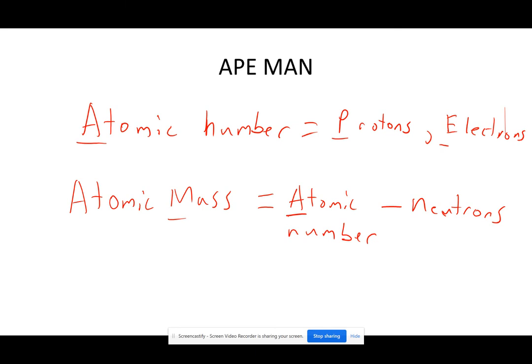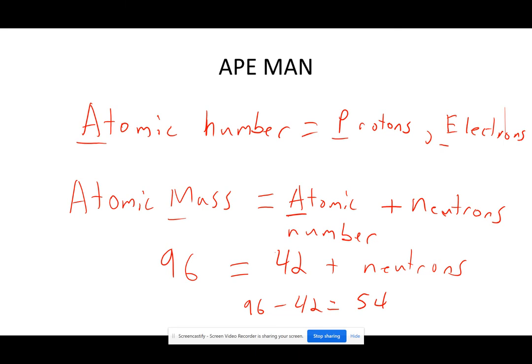So, for example, actually, no, this is the atomic number plus the number of neutrons. I'm sorry. The atomic mass is the atomic number plus the number of neutrons. And for example, for molybdenum, it was 96 was the atomic mass after we rounded it. The atomic number was 42 plus the number of neutrons. So if I subtract 96 minus 42, my number of neutrons is 54.